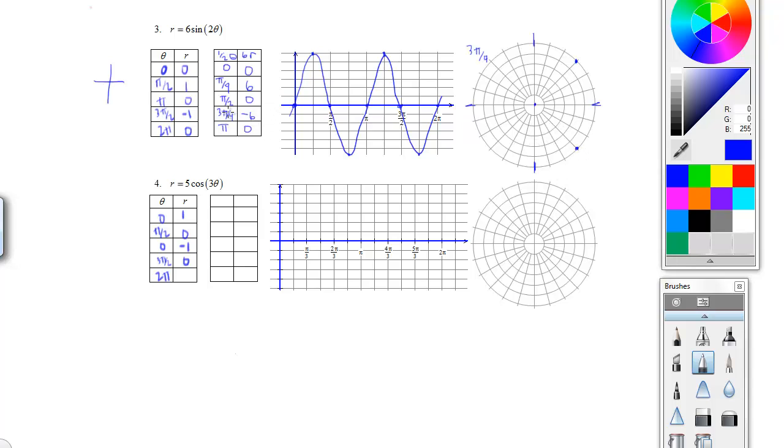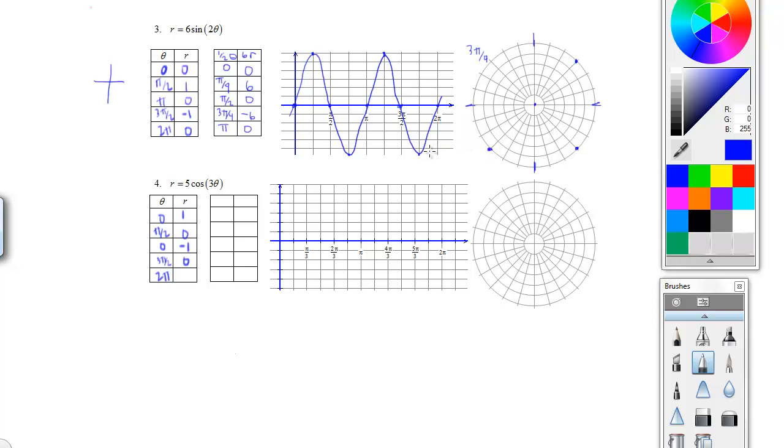Now that's all that we get from the table, and that's why it's kind of nice to have the graph here. So we go back to pi, we're back to 0. Then just past pi, a quarter of the way past pi is 5 pi over 4. That's out here. 1, 2, 3, 4, 5, 6.